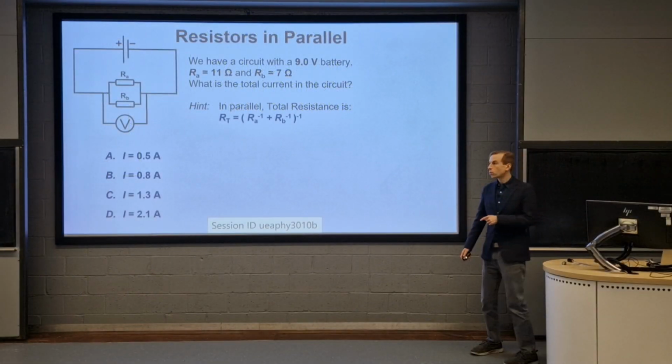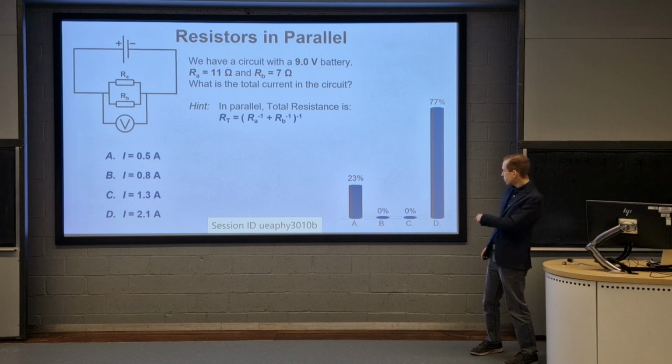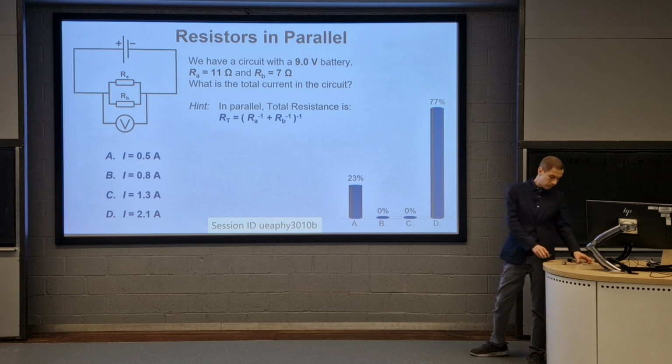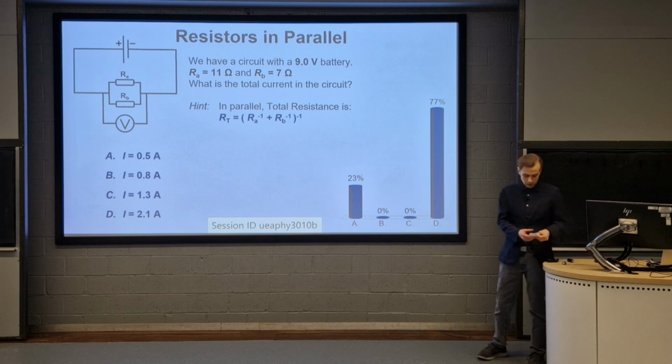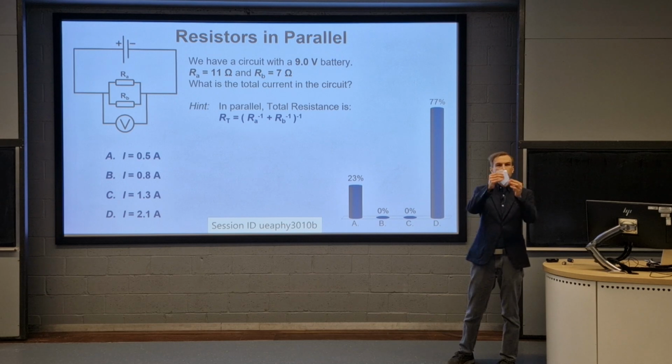All right, let's see what everybody gets for this one, okay? All right, so nobody's going for B and C. Some people going for option A, some people going for option D there. So the interesting thing with this question is that when we combine the resistors in parallel like this, we get a lower resistance than any of the resistors individually, which is kind of interesting.